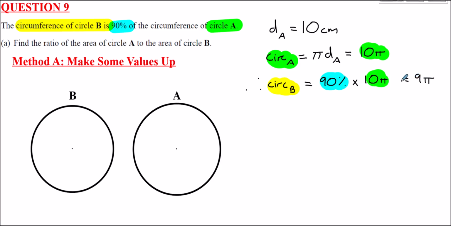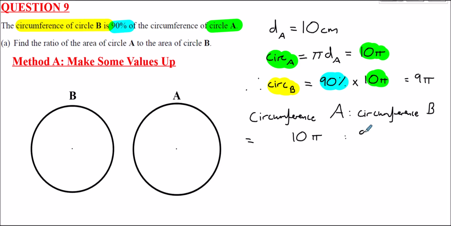Therefore, the ratio of circumferences, so circumference of A to the circumference of B, that equals 10 pi to 9 pi, which we can cancel the pi's.